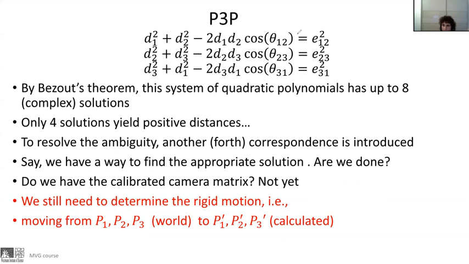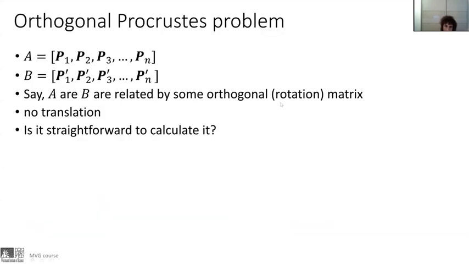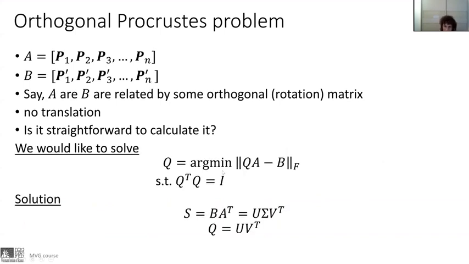Okay? And this is done using the Procrustes algorithm, which says that here you have a set of points and another set of points, and you know that they are related by some orthogonal matrix. In order to solve it, I would like to take A and to rotate it, to be as close as possible to B, under the condition that we are looking for a matrix Q, which is the unknown, such that Q is an orthogonal matrix.